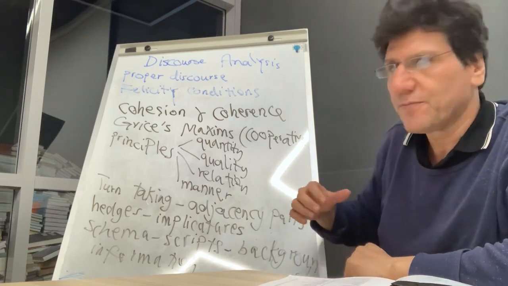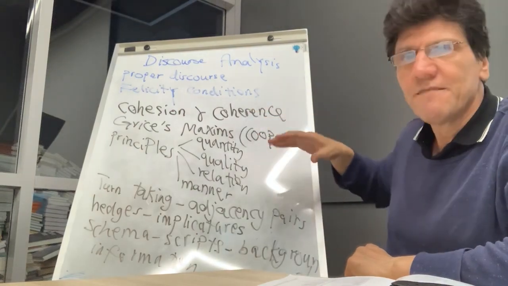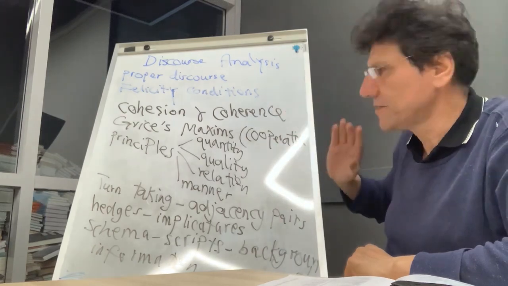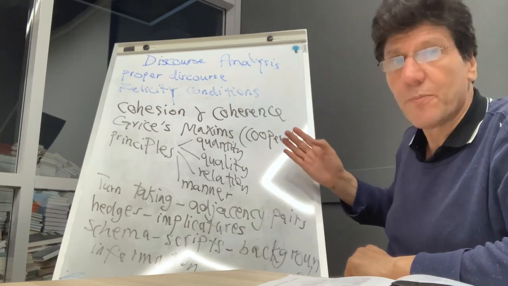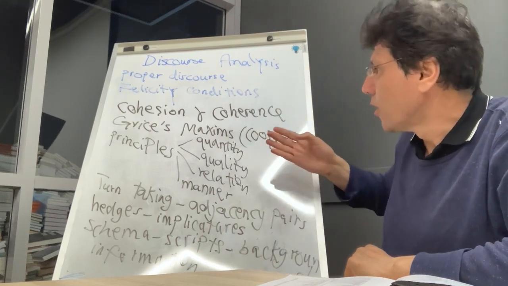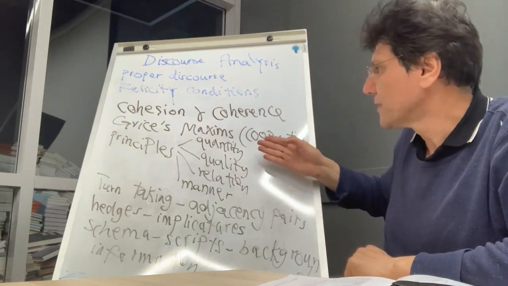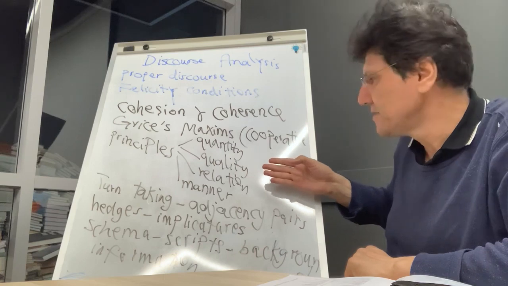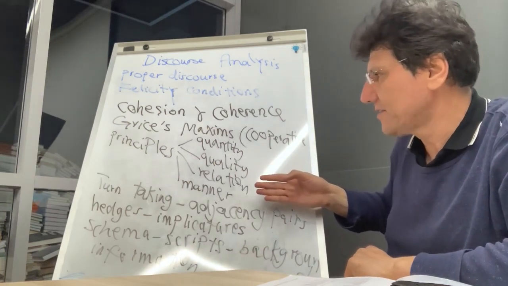Now, I provide you with answers to the question, what are felicity conditions? Felicity conditions include cohesion and coherence, Grice's maxims, or cooperative principles. What are cooperative principles or Grice's maxims? They include the maxim of quantity, the maxim of quality, the maxim of relation, and the maxim of manner.